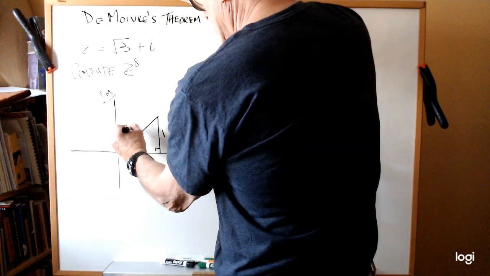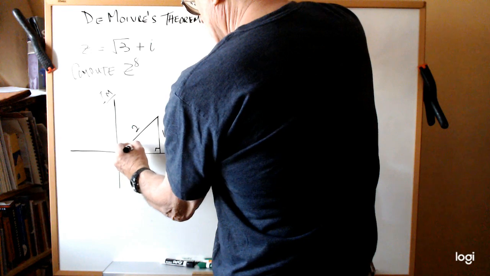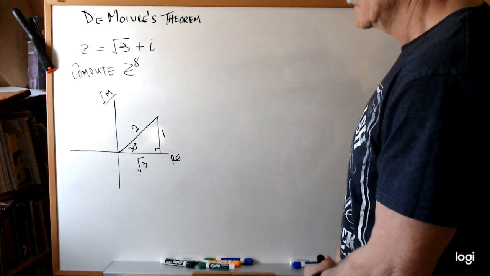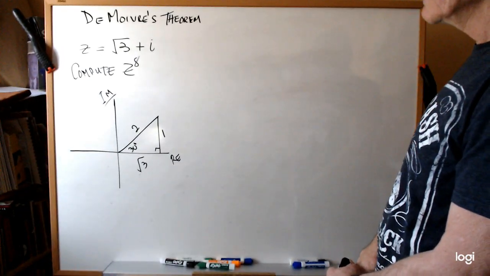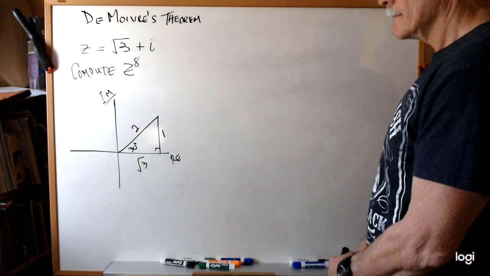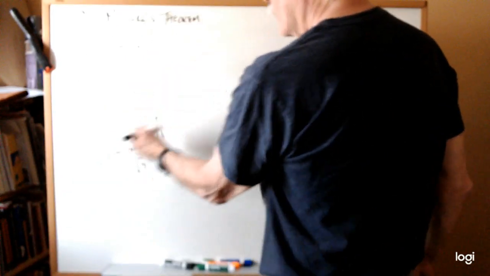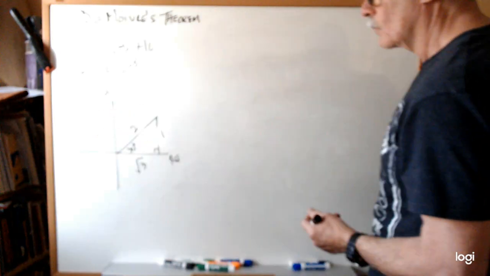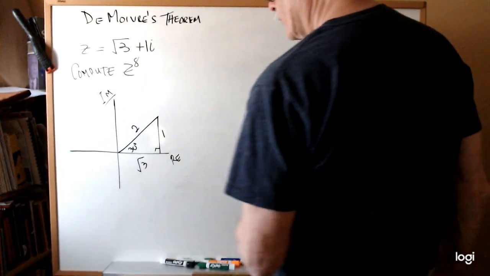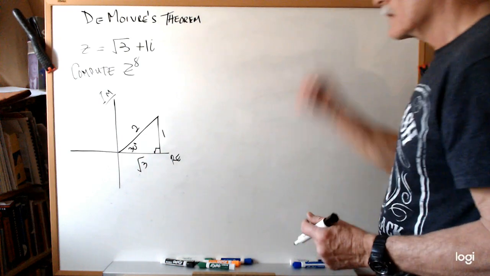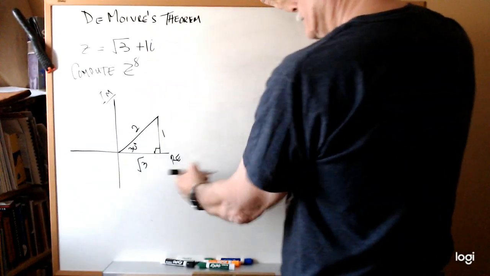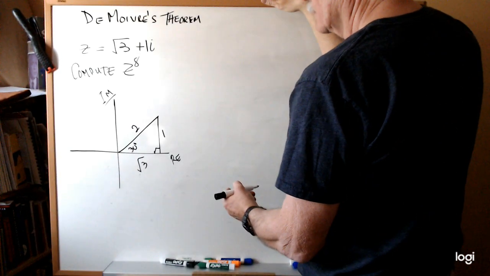And again, we have a 30, 60, 90 right triangle. And because the b is a 1, we're going up on the imaginary axis 1, and radical 3 is your x. Okay, so let's rewrite this in polar complex form.